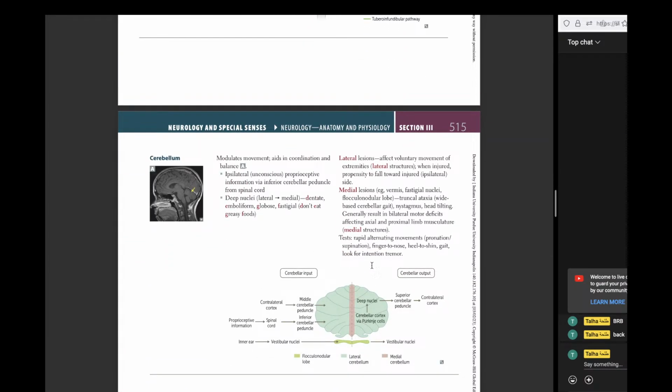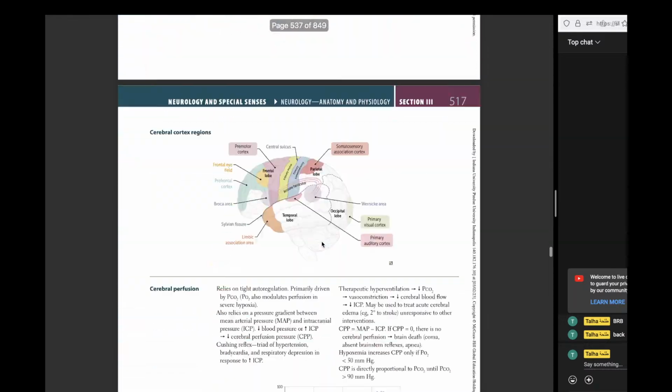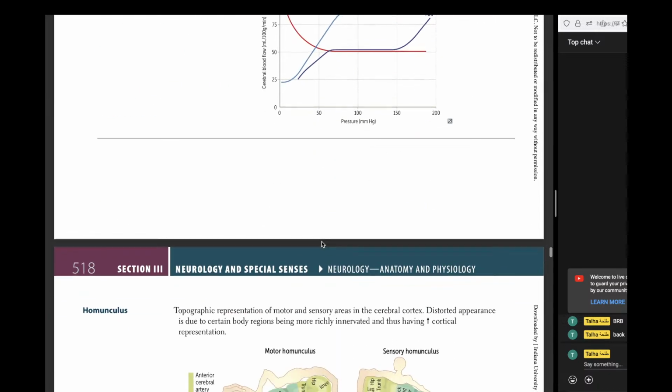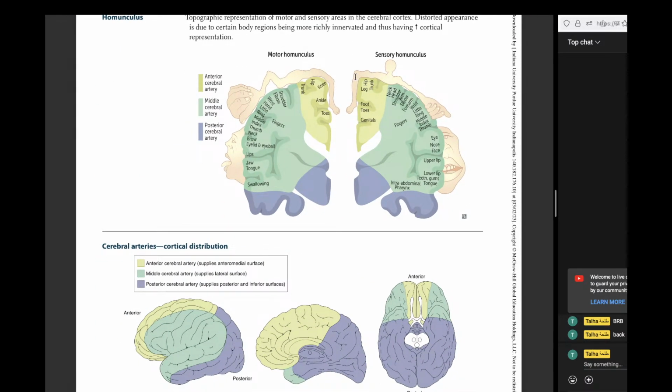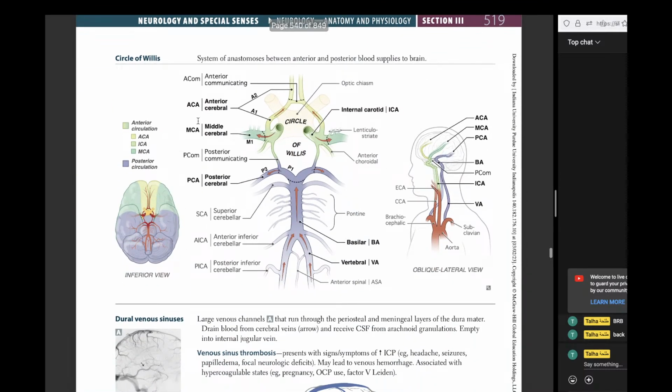Okay, cerebellum. Oh, these are good, but I want to get to the tracts. Cool. This is our homunculus. Okay, nice. Oh, circle of Willis. That's good.